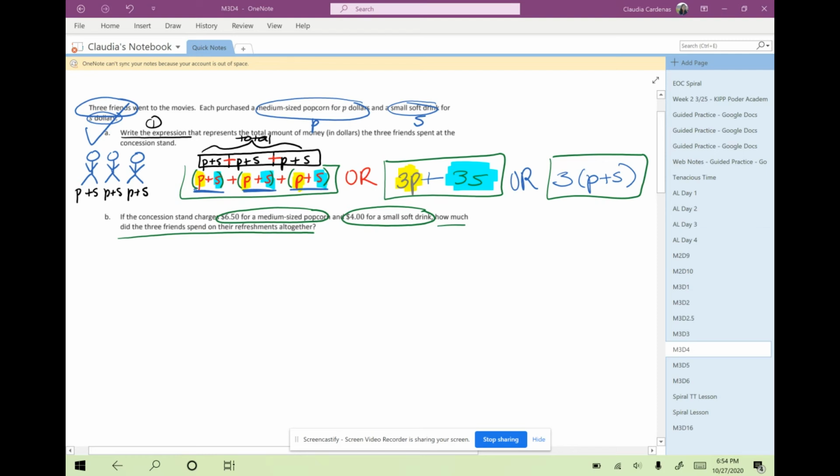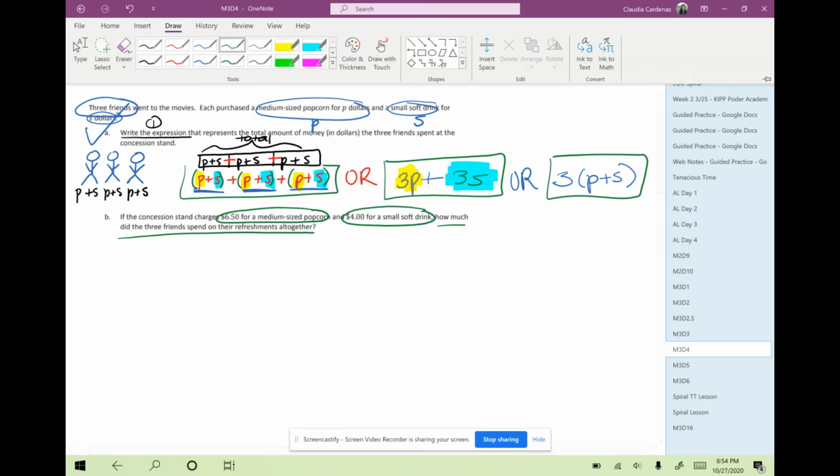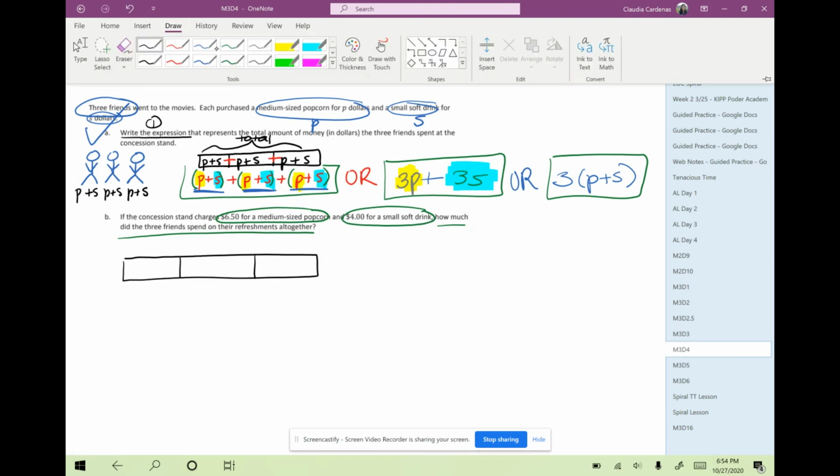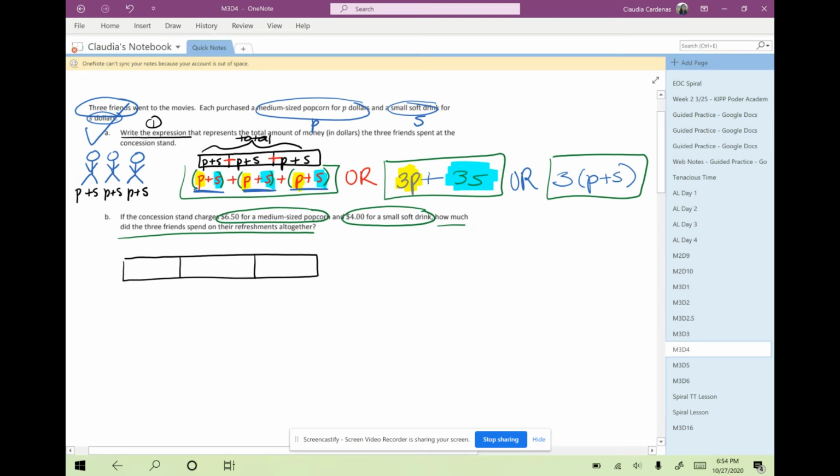So let's go ahead and start back with our picture so we can begin to see why we later can substitute values in for variables. So I'm going to redraw my tape diagram a little bit bigger. There are 3 friends, so there are 3 boxes, but now we know that they bought a popcorn and a soda. So the popcorn cost $6.50 or 6.5.